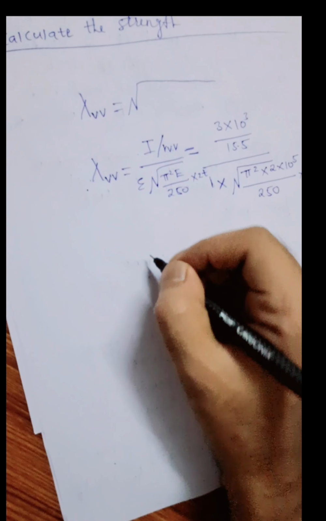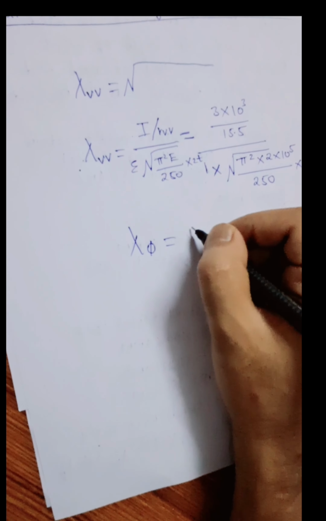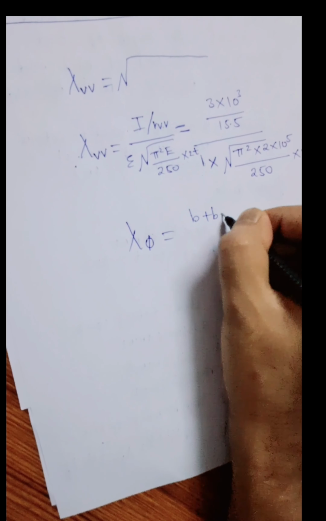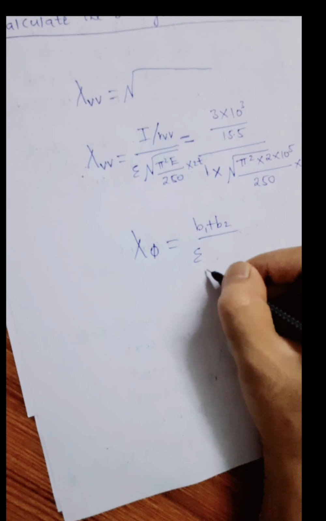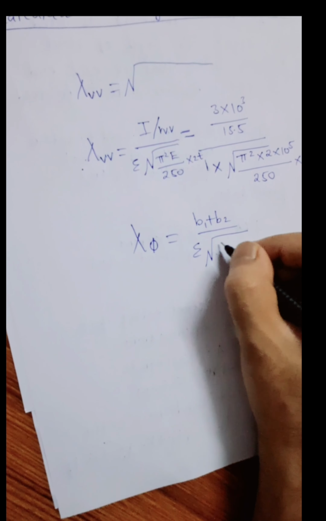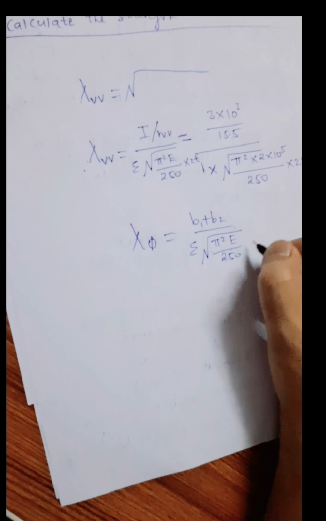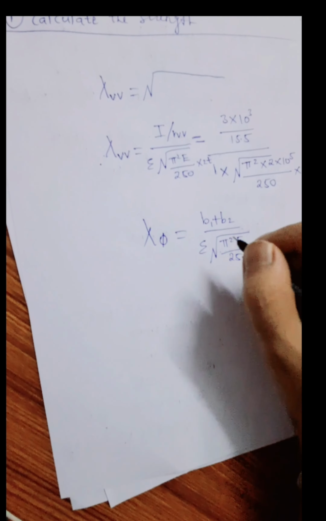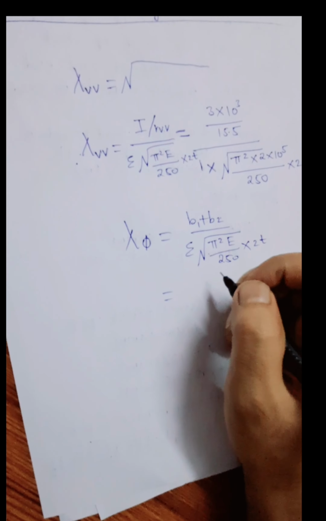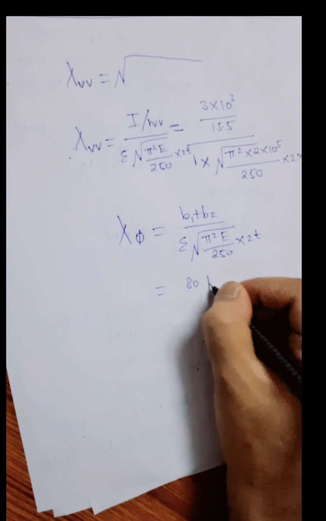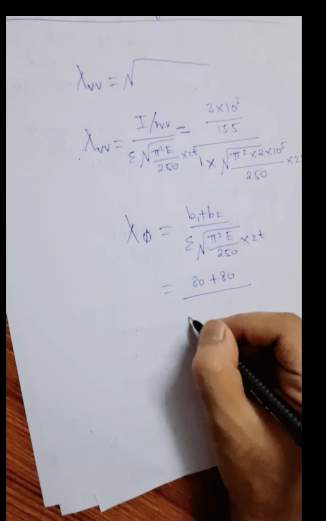Now again let's move towards lambda phi. Lambda phi is equal to b1 plus b2 divided by epsilon under root of pi square E divided by 250, into 2t. Your breadth b1 plus b2 is 80 plus 80 as the section is mentioned, divided by again 1 under root.